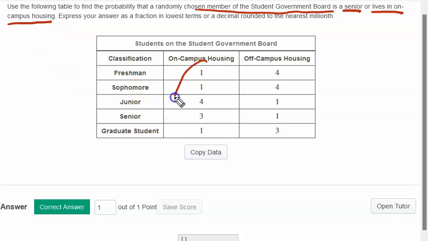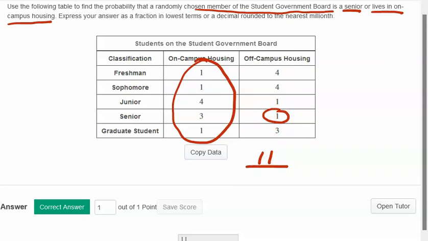So we're going to add up all of these and one of these because this is a senior. But notice the way I'm doing it, I don't have to subtract anything because I'm not counting anything twice. So here we have 1, 2, 6, 9, 10, and one is 11.